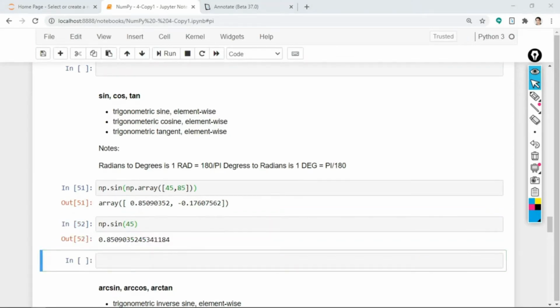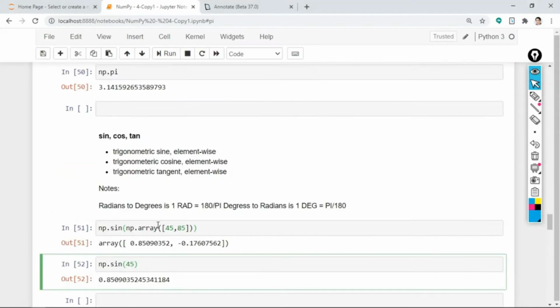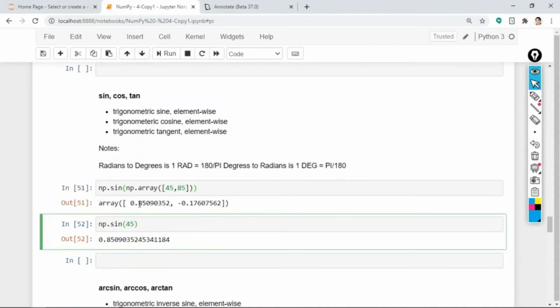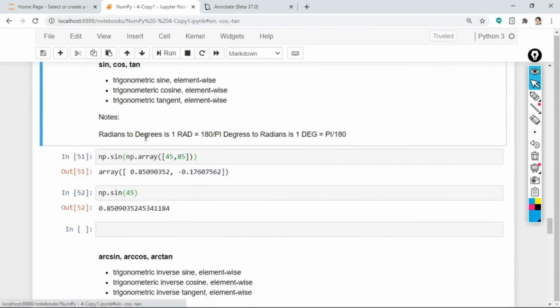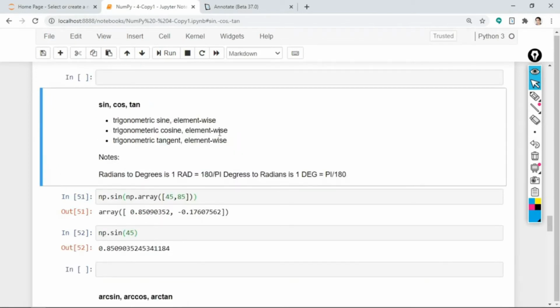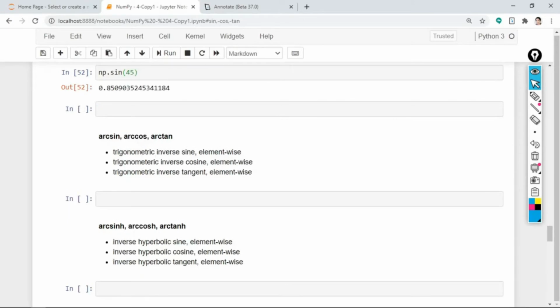We also have the trigonometric inverse. I will not execute the cosine and tangent anymore. If you need a cosine or tangent in the future, use this one. Let's go directly to the inverse functions.